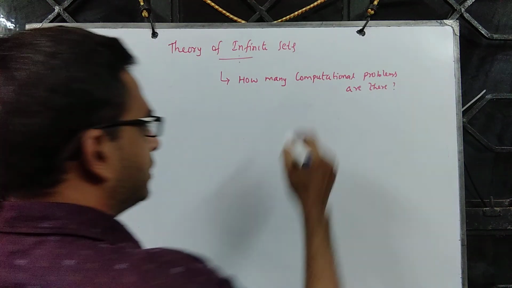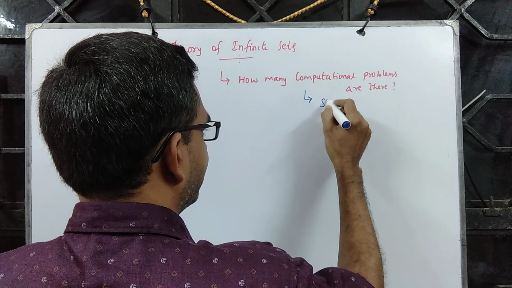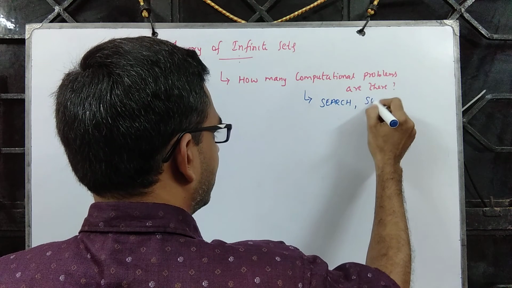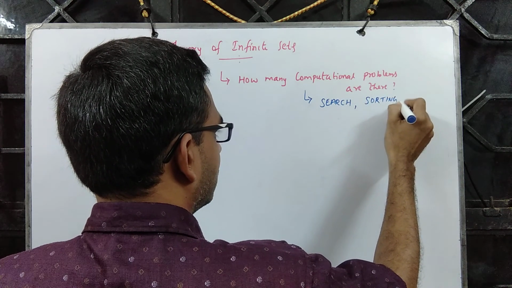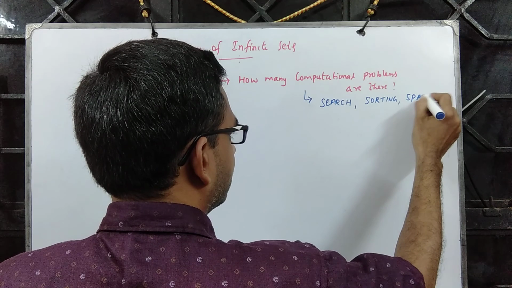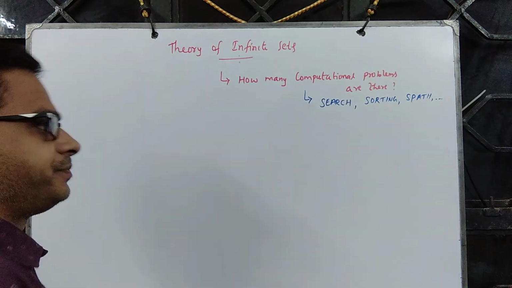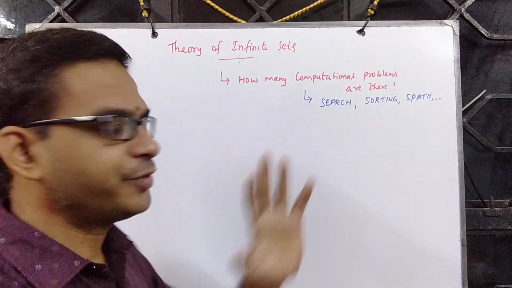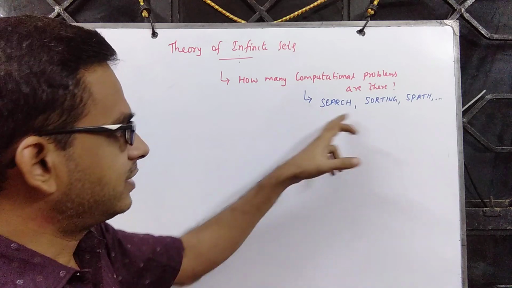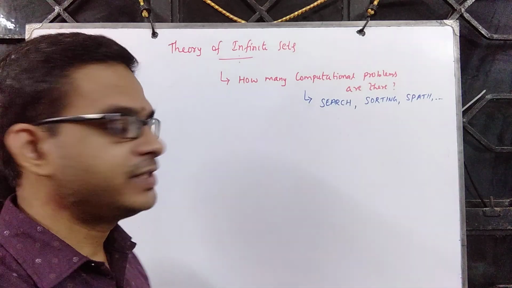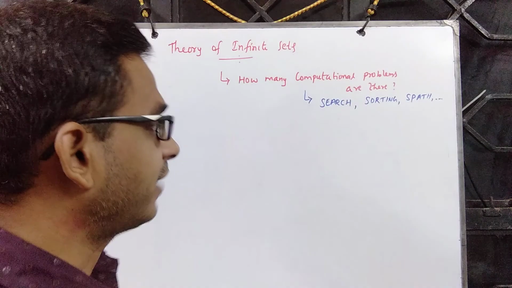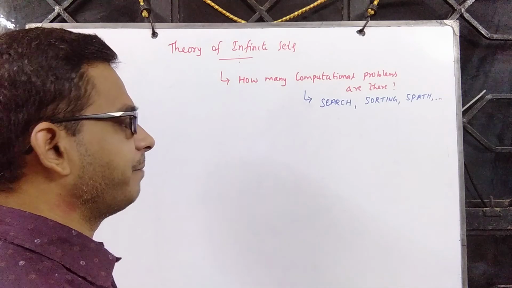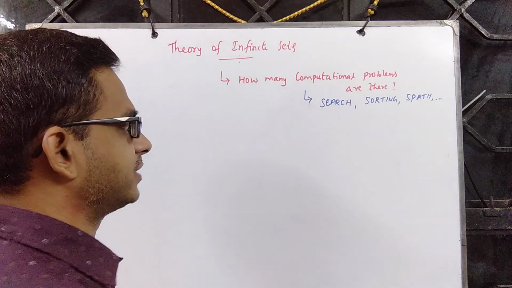Problems such as linear search or binary search, so in general search, and similarly sorting, shortest path, and many more, primality, determinant of a matrix, permanent of a matrix, they are all computational problems. Like this, we want to know how many such problems exist. Can we count? Can we say there are 100 problems? Are there finitely many? Or is this infinite in nature?